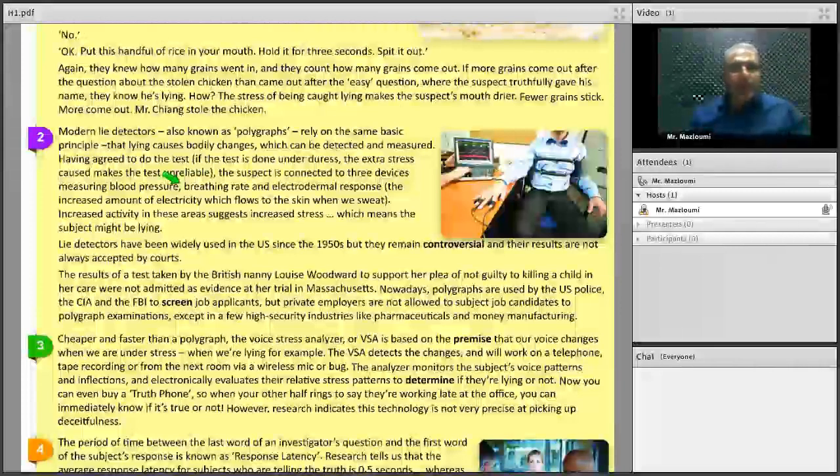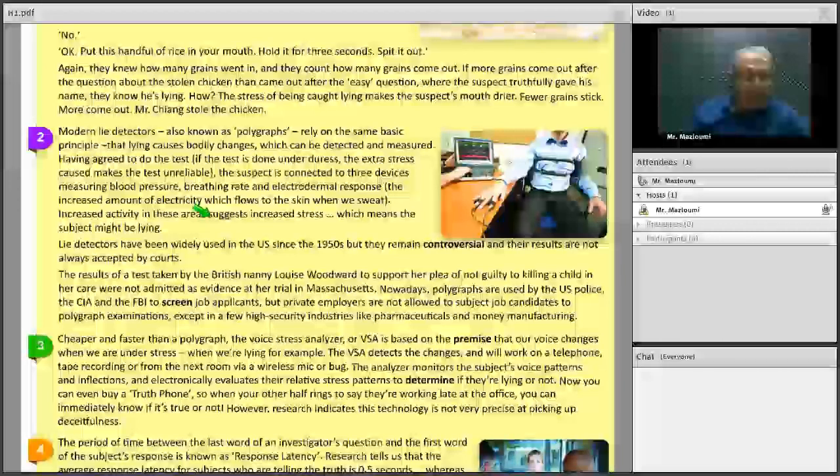When you work out, when you play sports, or when you stand in the sun for a long time, we start sweating, we start perspiring. Well, increased activity in these areas suggests increased stress. Suggest, everyone, here means to show.